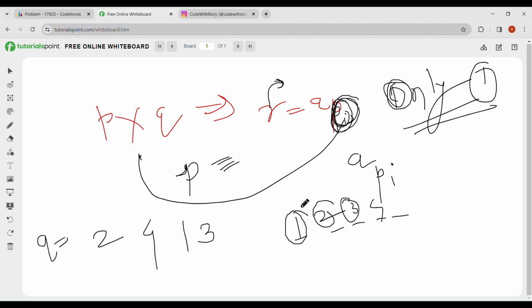For going forward, the previous numbers should be equal. If you want to go further, the whole prefix must be equal, and then and only then can you get this 4 value.